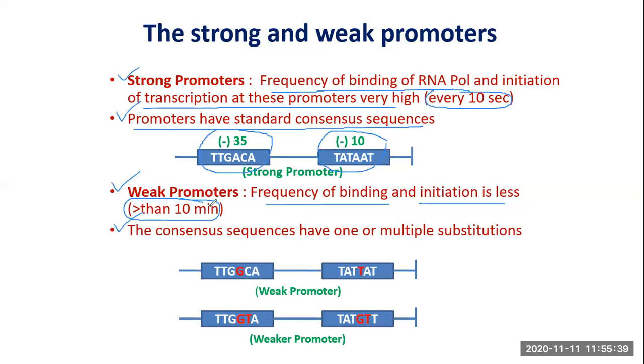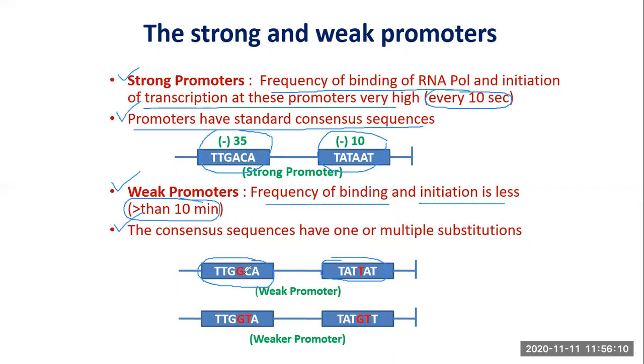Why does it behave in such a manner? Why does RNA polymerase find it difficult to identify? The reason is that in the standard consensus sequences you have one or more substitutions. For example, the base in red is not the normal base present in the standard consensus. If we have A over here in the standard consensus sequence, it has been replaced by T. Similarly, in the -35 consensus sequence, we have a G over here.